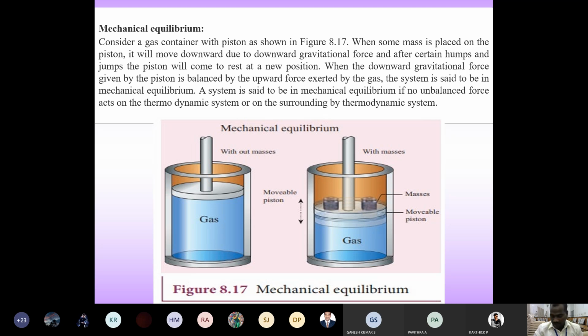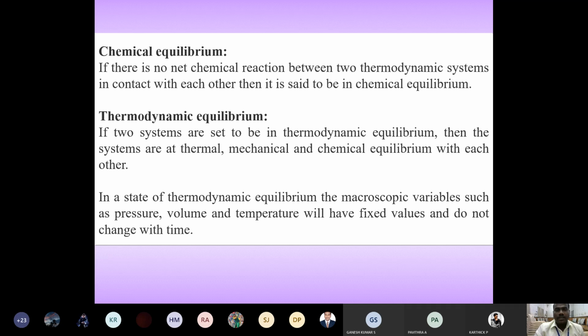So we know what thermal equilibrium is, and we know what mechanical equilibrium is. The next one is chemical equilibrium. If there is no net chemical reaction between two thermodynamic systems in contact, then we can call the system to be in chemical equilibrium, right?